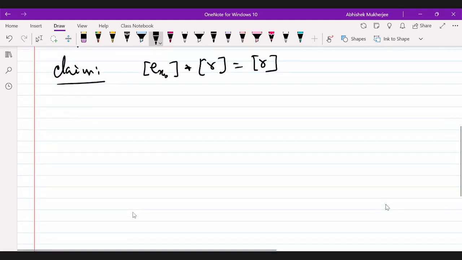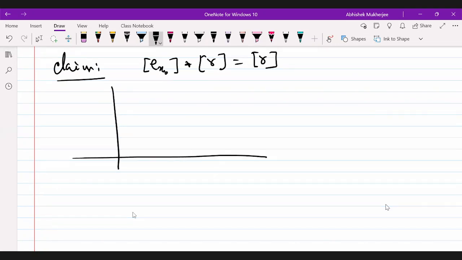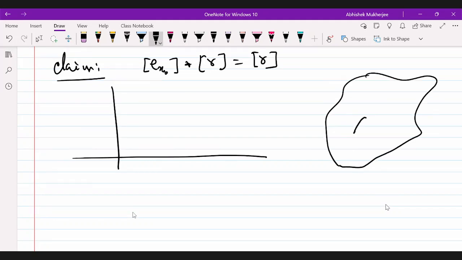Why? Because of this reason, let us draw some picture here. So I am considering a path from x0 to x1, which is gamma.